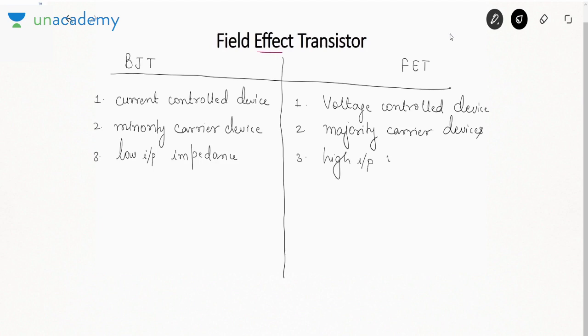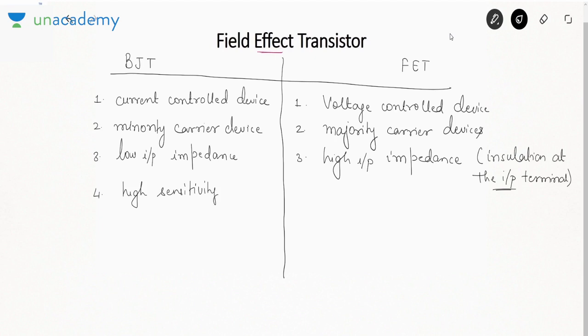Why does it have high input impedance? It is because there is insulation at the input terminal. So at the input terminal there will be no current flow due to the insulator, and we call it high input impedance.